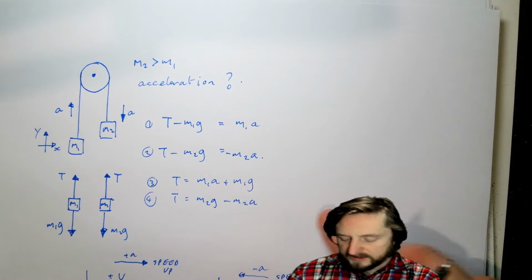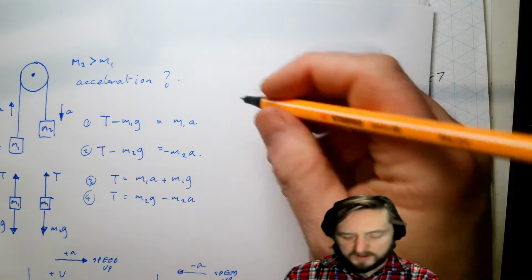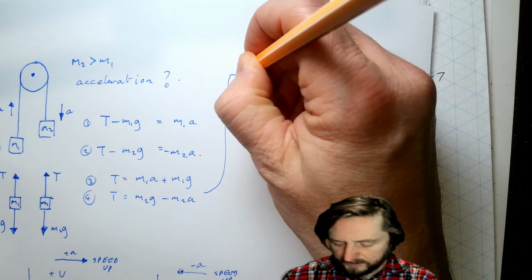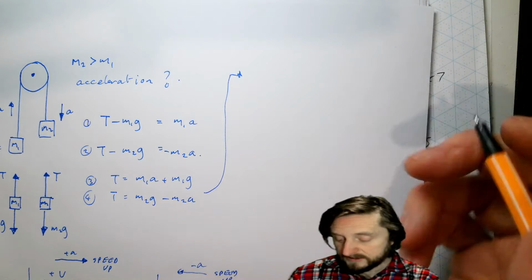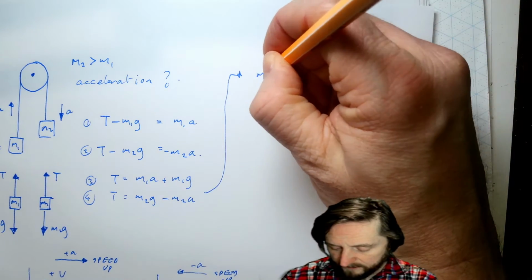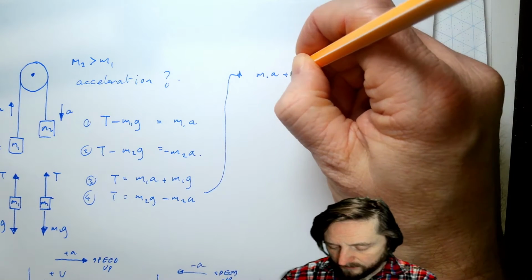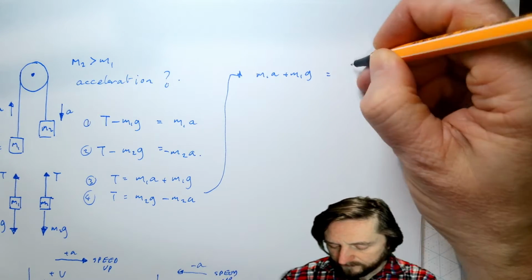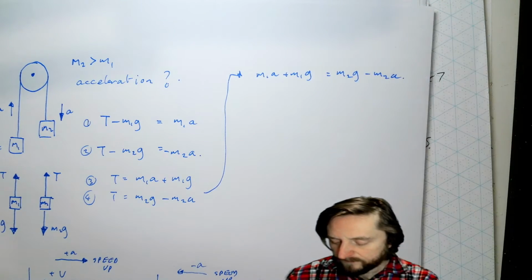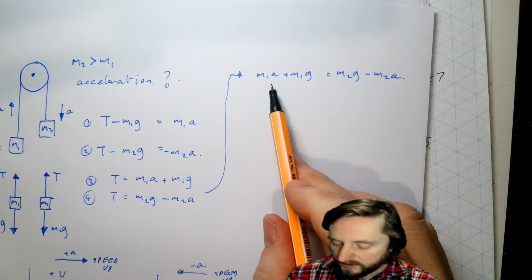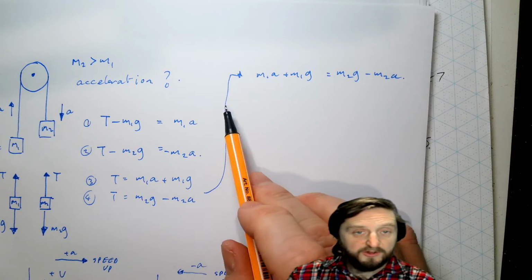So now we can set these two equal to each other to eliminate the T. We can just make the right hand side of this equal the right hand side of this. So we're going to have m1a plus m1g equals m2g minus m2a. And we are going to collect together our a's on the left hand side here.